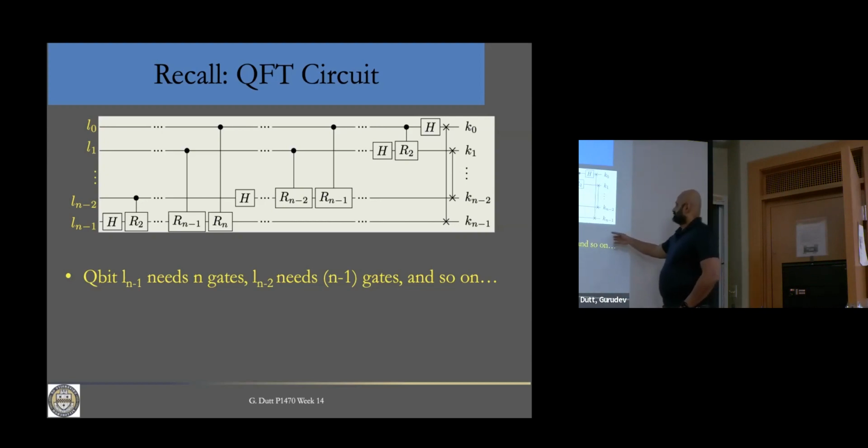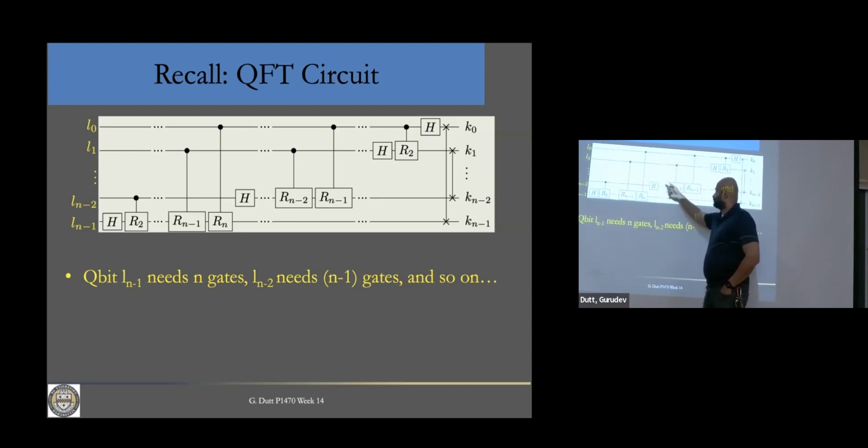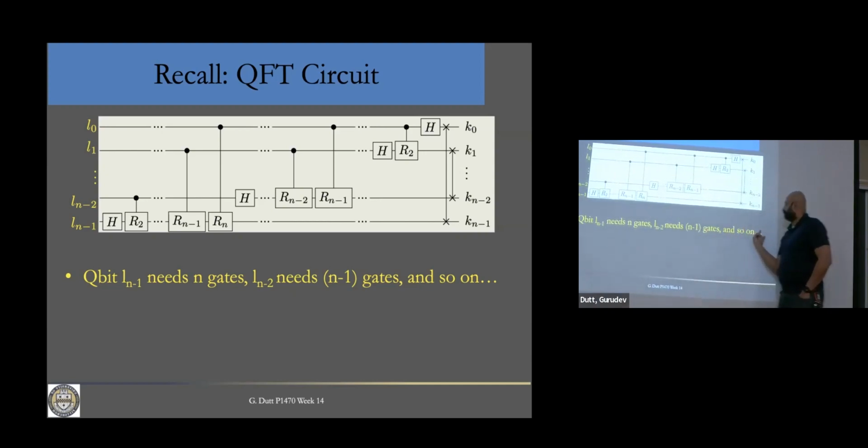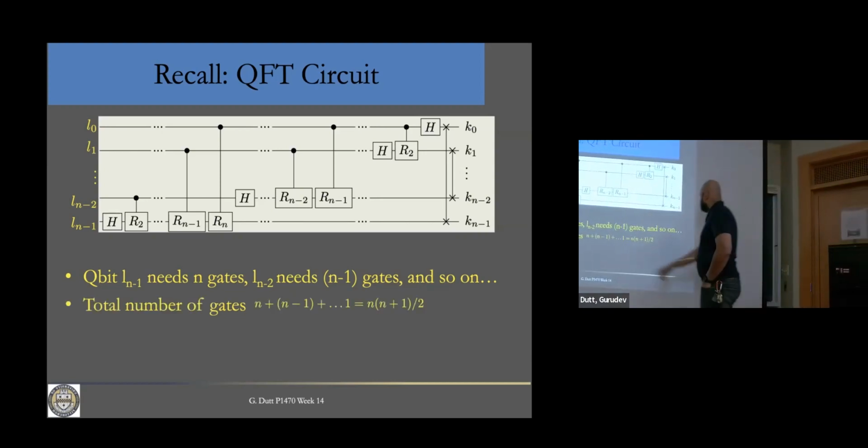Let's talk a little bit about it because we were just finishing up at the end of last class. I said this in words, but here I put it down. You can see from here, the n minus 1 qubit needs n gates, the next one needs n minus 1, and so on. If you sum up all of those gates, n plus n minus 1 plus so on up to 1, this is a very familiar arithmetic series.